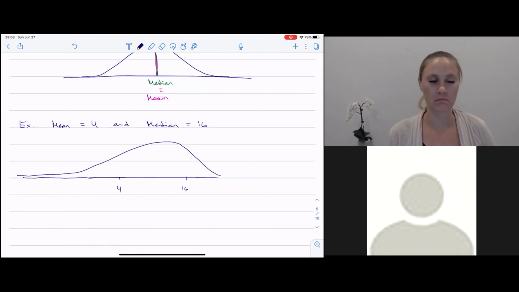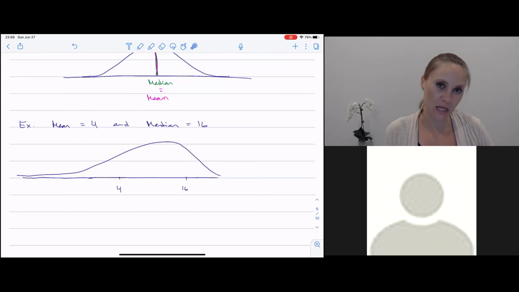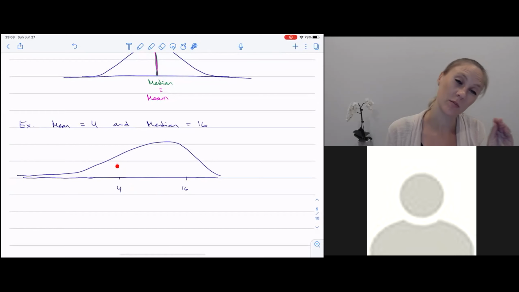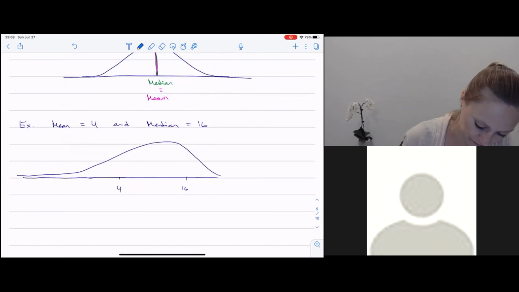Now I'm just making it up as I go. But so here, if the mean is less than the median, what we're going to find is that it's being pulled towards the smaller values, so it's skewed to the left. Skewed to the left.